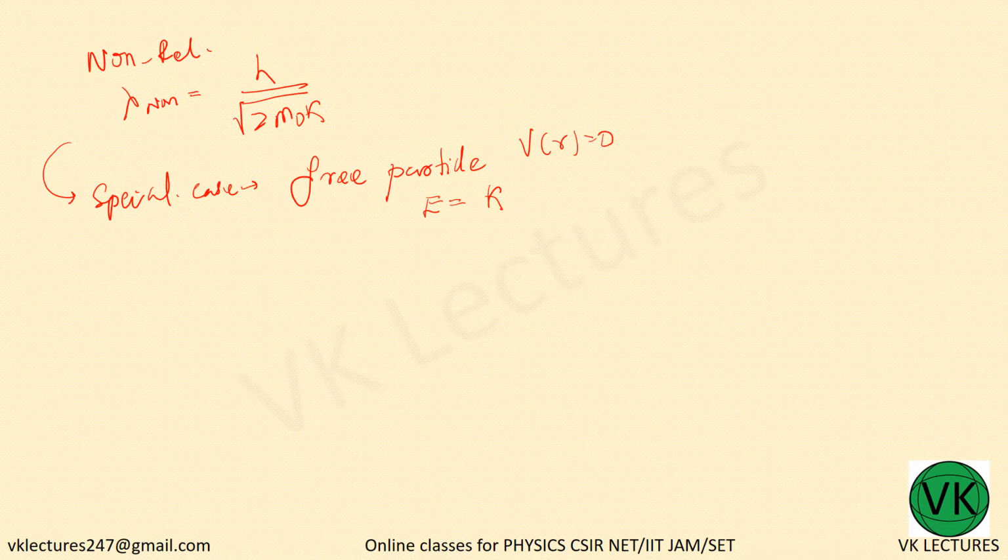So kinetic energy is nothing but the total energy of the particle. In that case, our lambda for a non-relativistic free particle is equal to h divided by under root 2 m naught E.